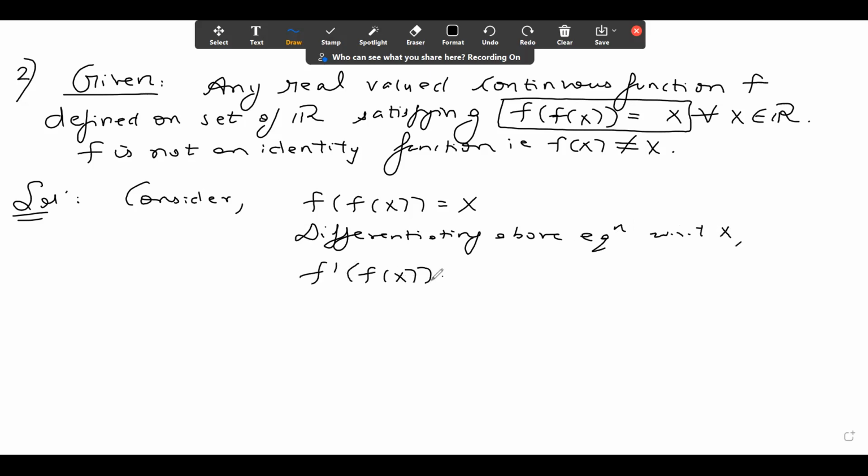F dash of f of x into the derivative of f of x, which is f dash x, equal to the derivative of x, which is 1. I hope all students know how to differentiate this, right? Now you can clearly see that this is a differential equation.